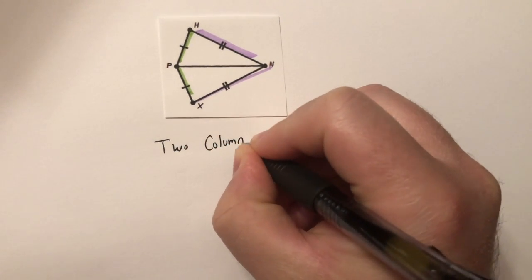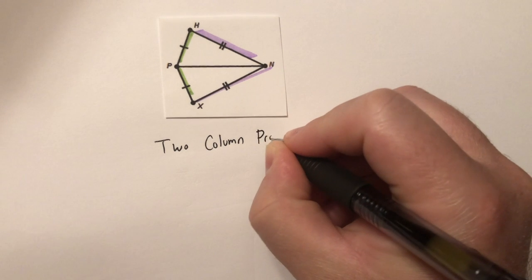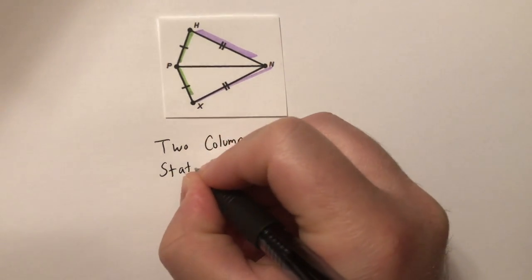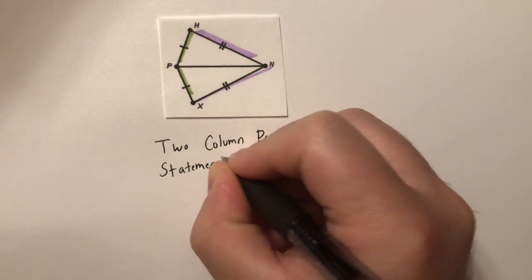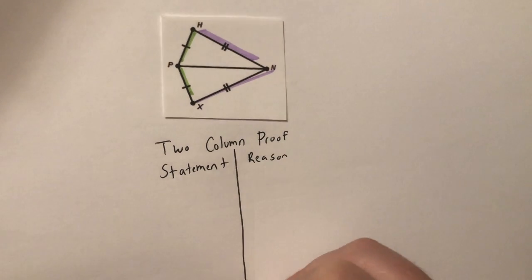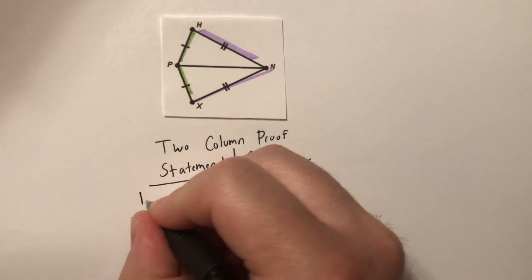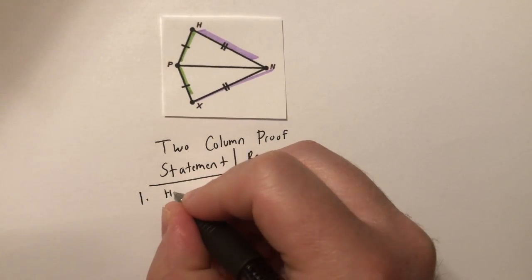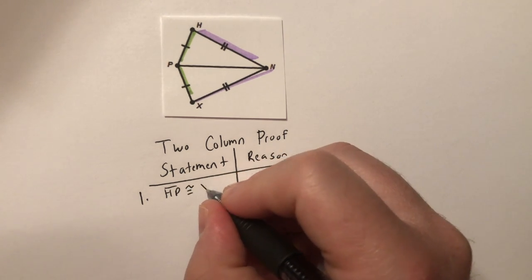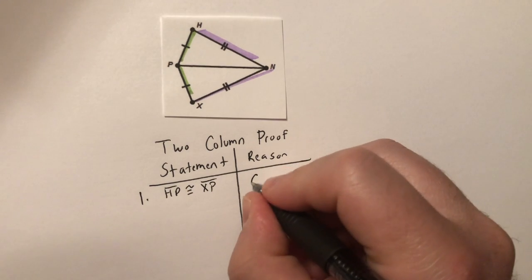I'm going to focus on things that I see. Okay, so statement, reason. First thing I see is that side HP is congruent to side XP. That's because it's given.